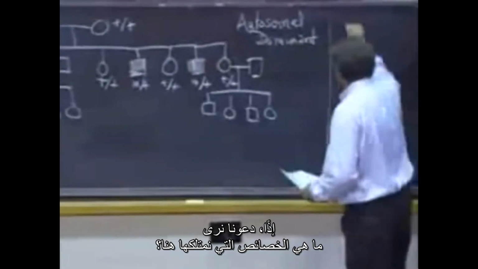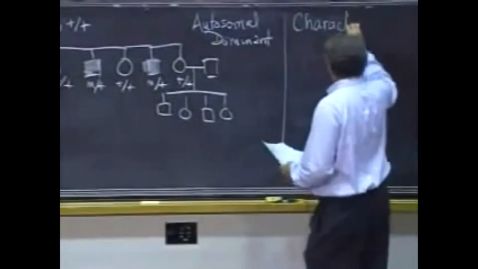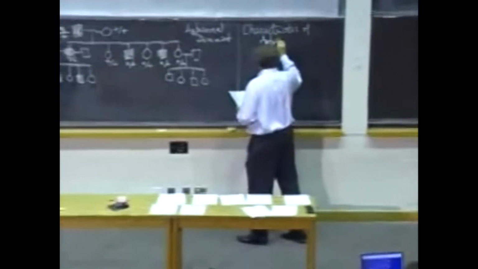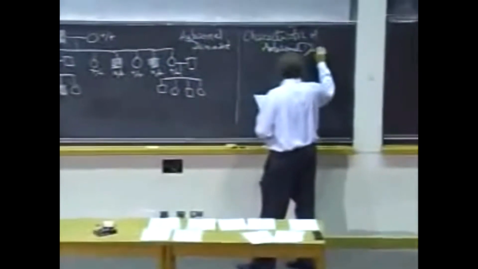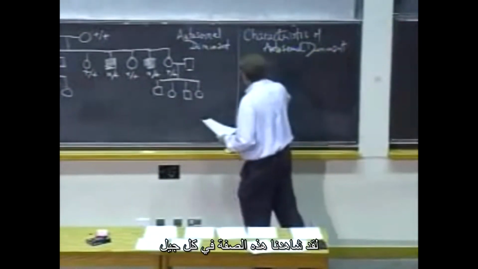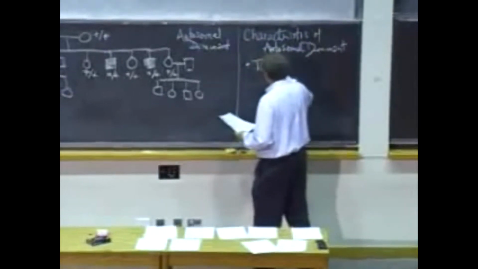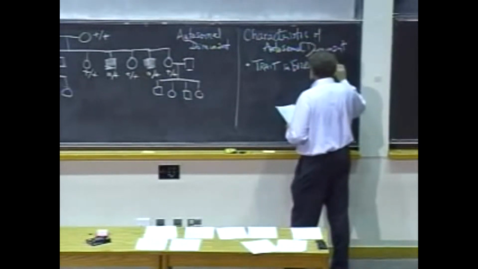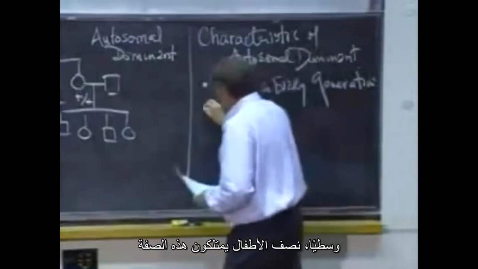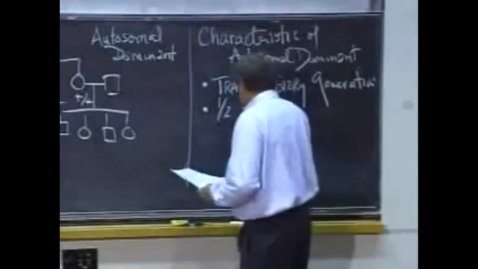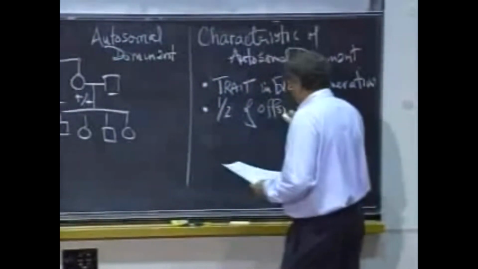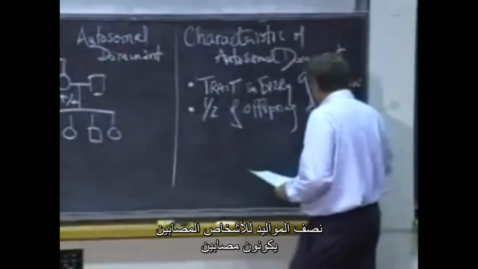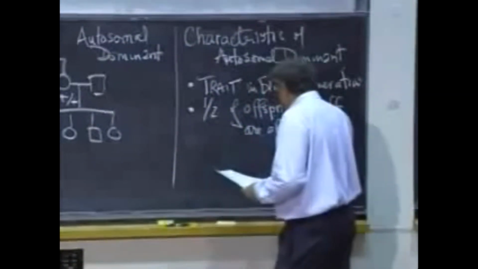So let's see what characteristics we have here. We see the trait in every generation. On average, half the kids get the trait. Half of the offspring of an affected individual are affected.